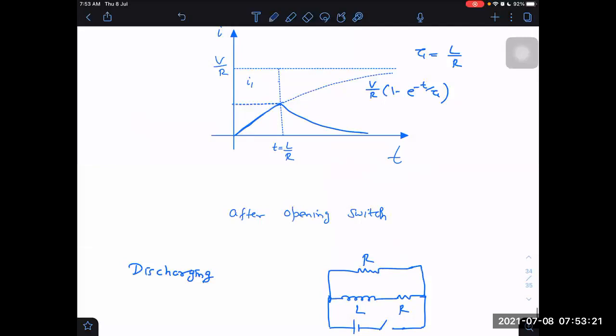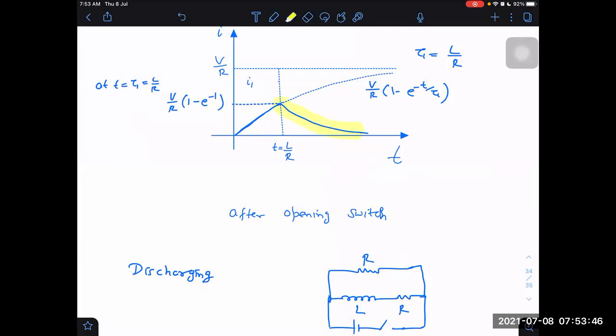From what value? What value has it obtained already? It has obtained the value v by r into 1 minus e raised to power minus 1, at t equal to tau 1. You understand why? Tau 1 is nothing but L by R. After that, it starts decreasing again.